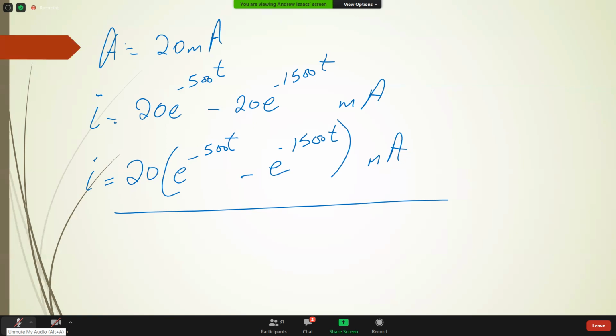Anybody want to take a stab at that one? No? Come on, man. Look at the sketches that we have done so far. We're trying to find the maximum value. How could I determine the maximum value of this current?